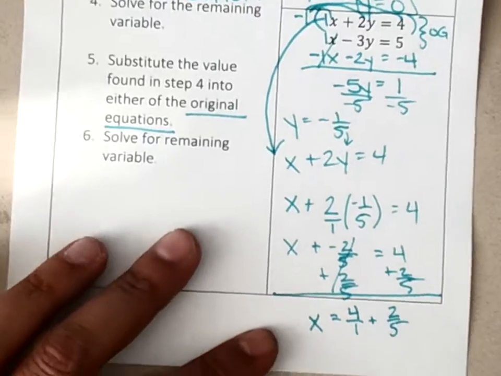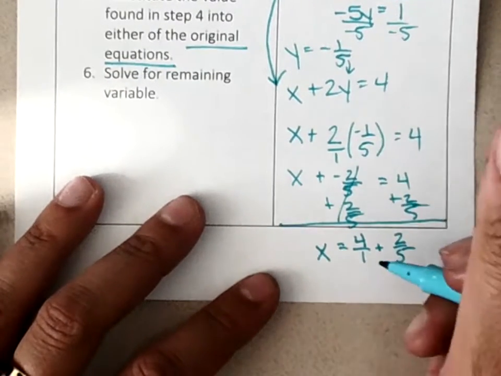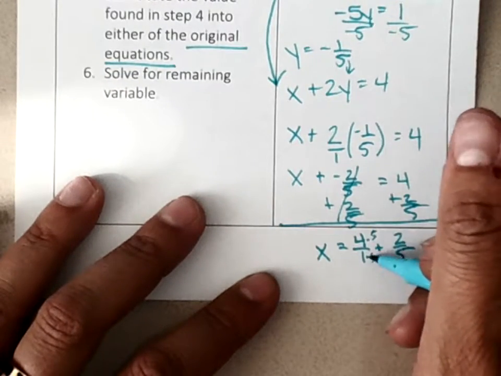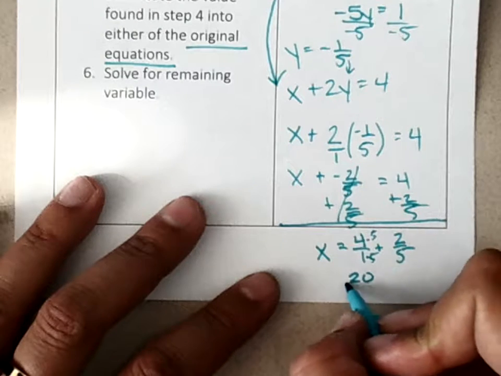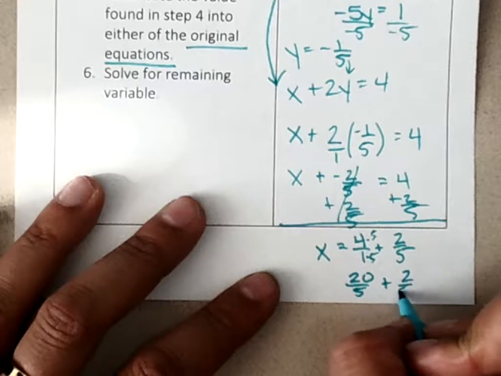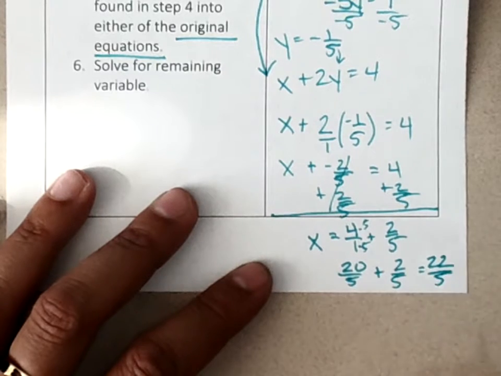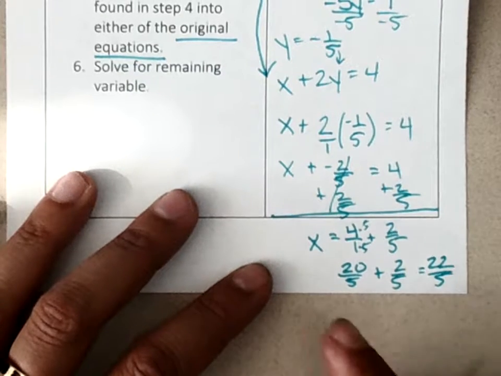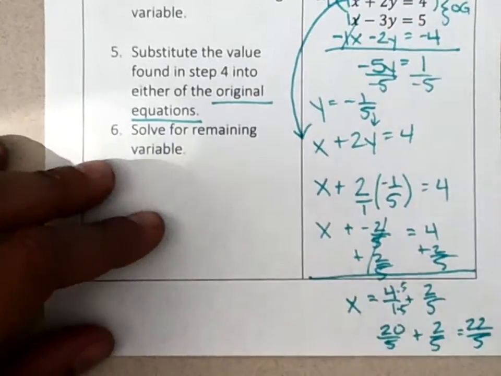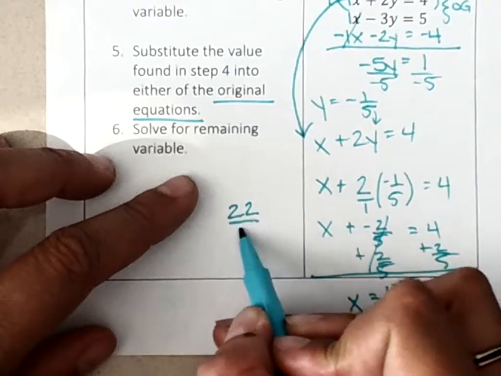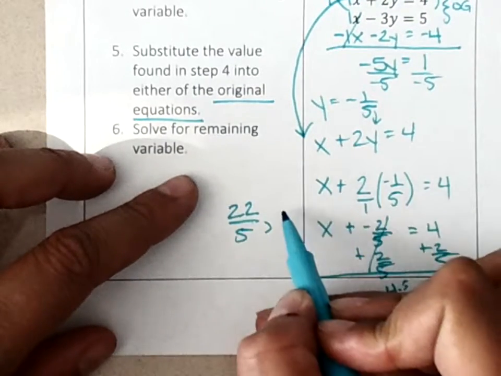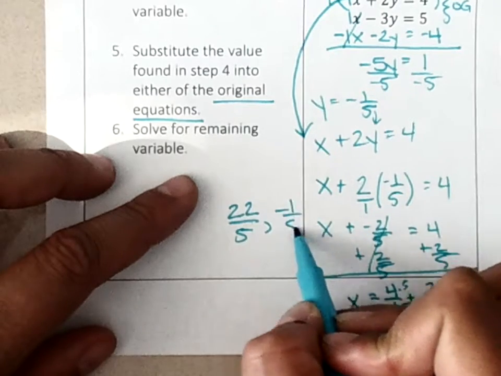We don't have the same denominator right now, so I'm going to create it by multiplying this by 5. Now I have 20 over 5 plus 2 over 5, which gives me 22 over 5. So my final answer is going to be 22 over 5, comma, negative 1/5.